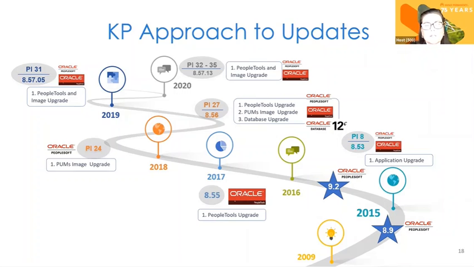We shortly realized that it's very taxing on the support team as well as on the business partners. Testing takes a lot of time, as do all the aspects of the project. And so in 2019, we decided to move to a once-a-year PUM release and tool upgrade.